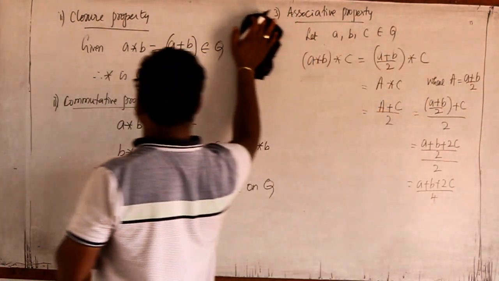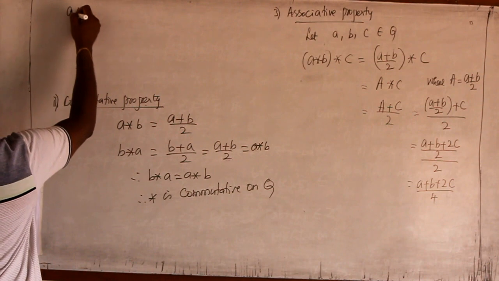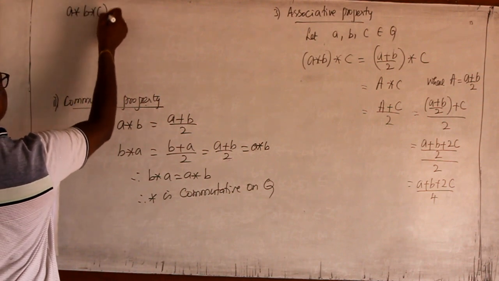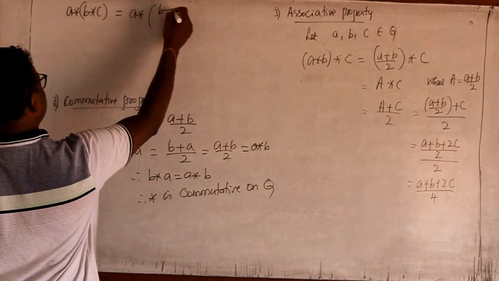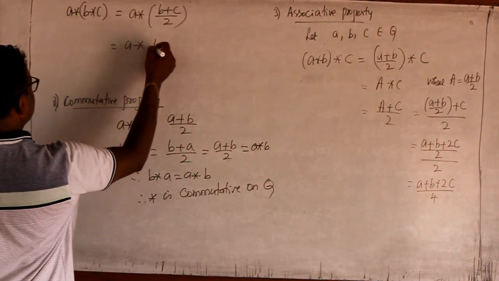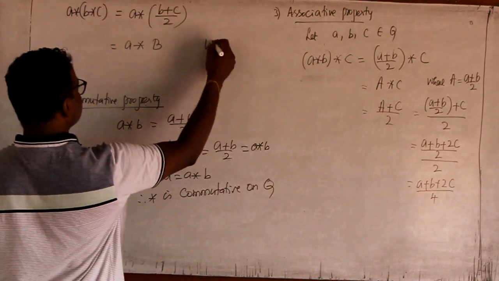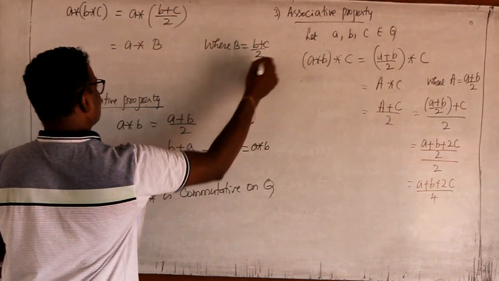Now, let me go for the right hand side. That is A star B star C, with the bracket on B star C, so B plus C by 2. If you are not able to follow, I can write this as capital B. What is this capital B? B plus C by 2.